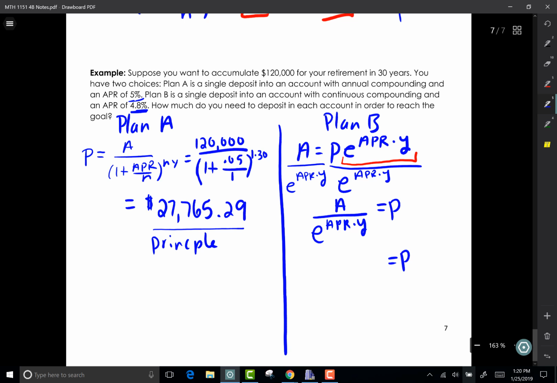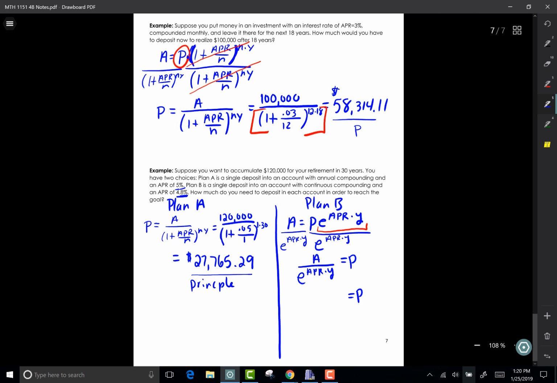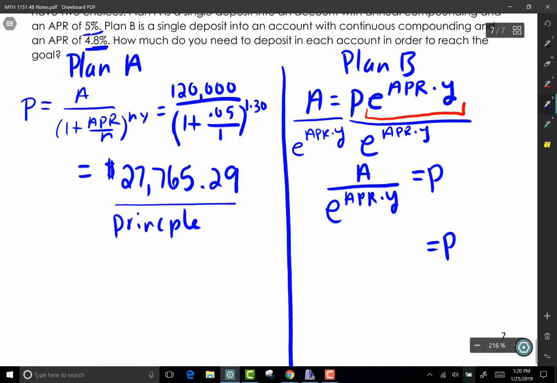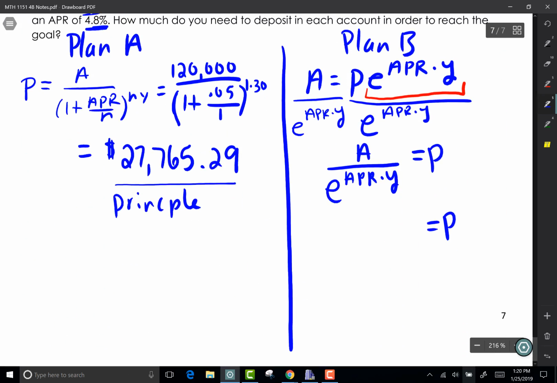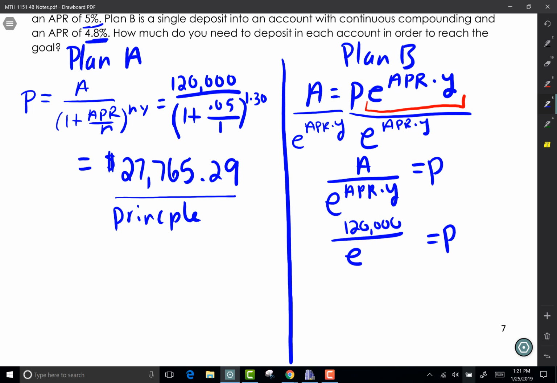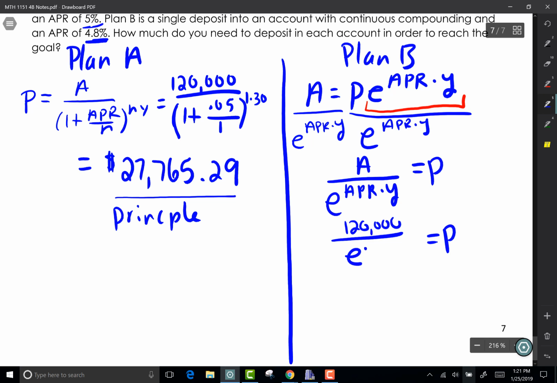So I'm going to get P by finding $120,000 divided by e. For Plan B, the continuous compounding APR is 4.8%, so I'm going to raise it to the power of 0.048, and this is for 30 years, so times 30.